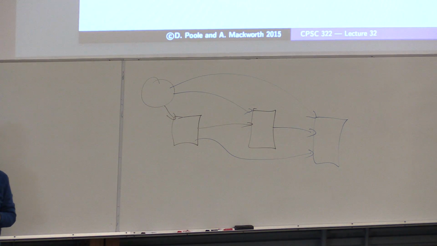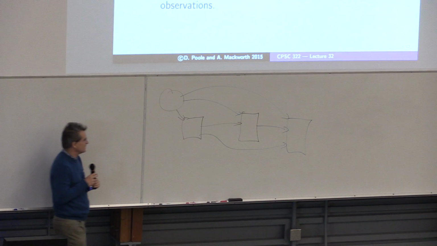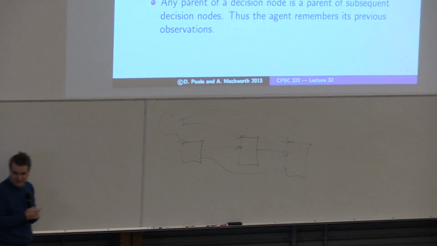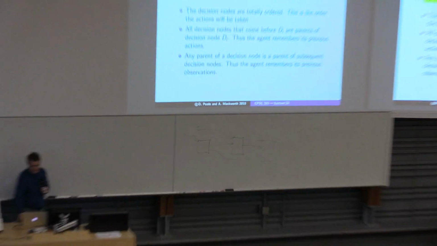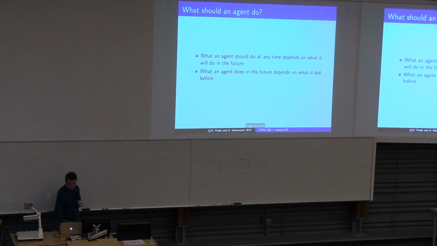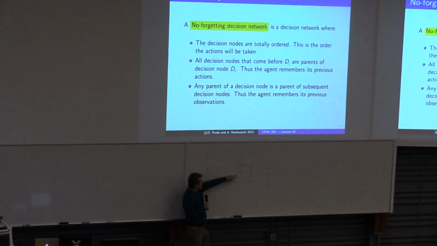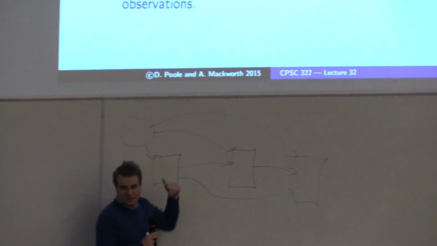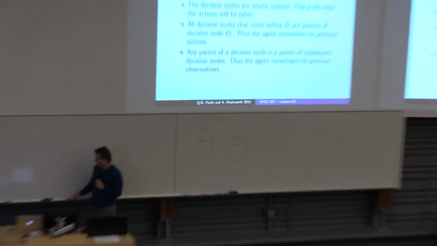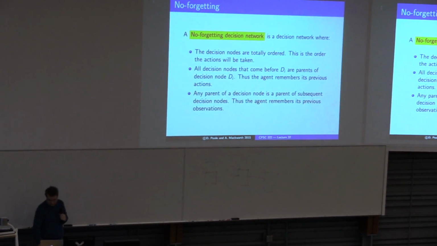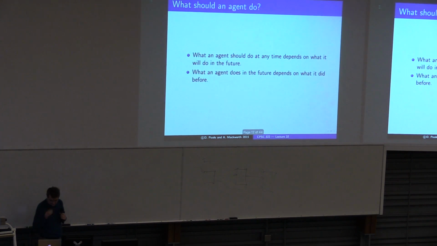There are funny actions that people do in order to remember things. Here we're just assuming that it can remember things, so it doesn't have to carry out actions in order to remember. If we relax these assumptions, the problem turns out to be much more difficult to solve computationally. You can model more problems, but it becomes more difficult to solve. We'll just assume there's no forgetting.